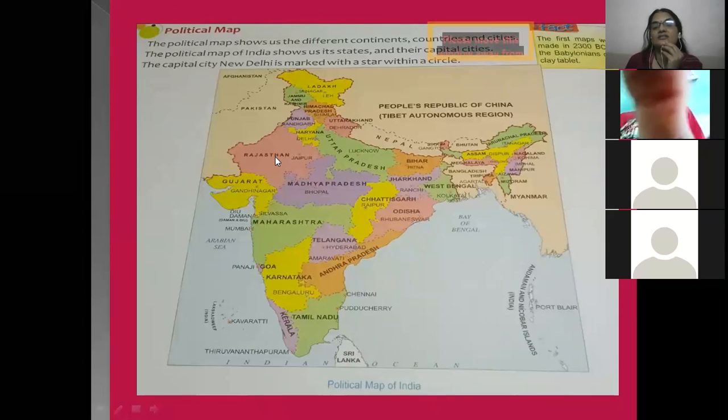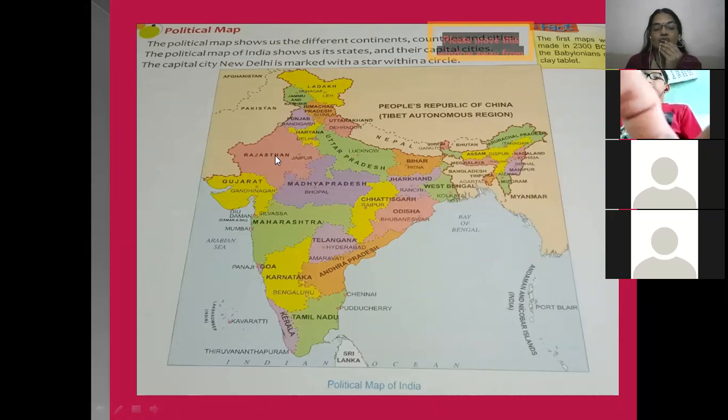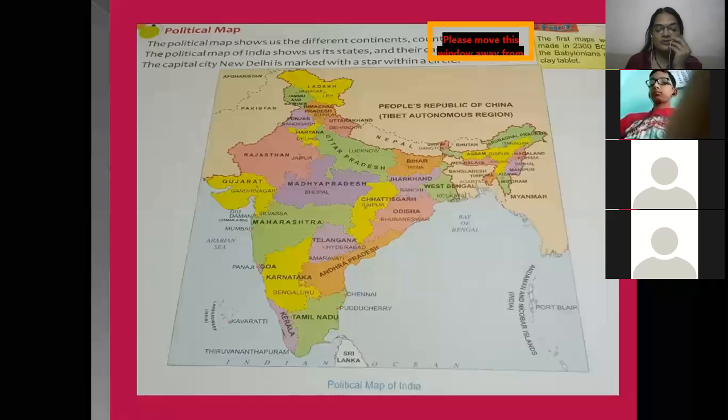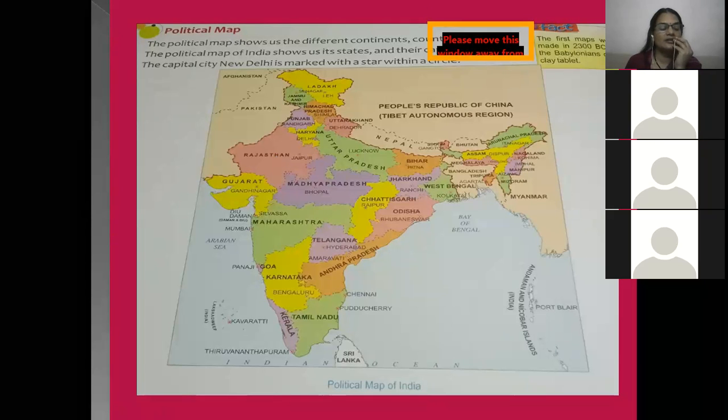So these all are the states. Students, you all have to learn these capitals. Tomorrow I am going to ask you about the capitals.